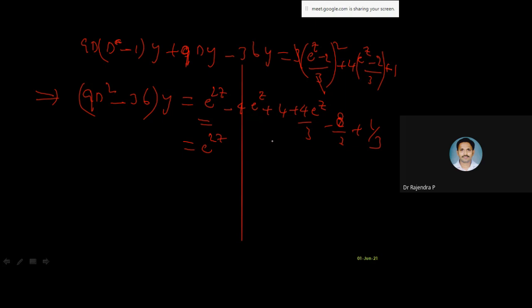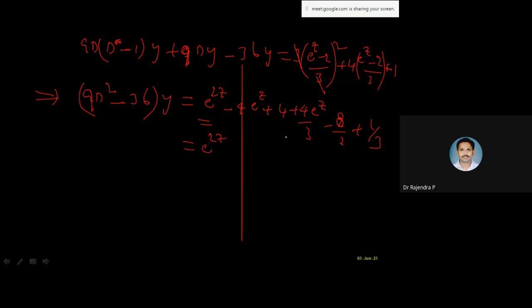It's better to take LCM for everything, right? I think I made a mistake. If you take LCM, simplification will be easy, isn't it? Anybody done this? Minus 4 e power z plus, this will be minus 1 by 3.